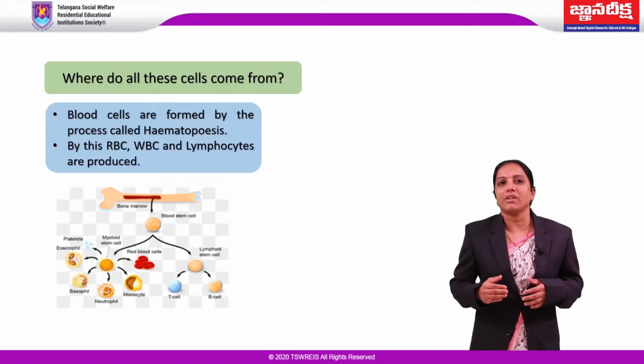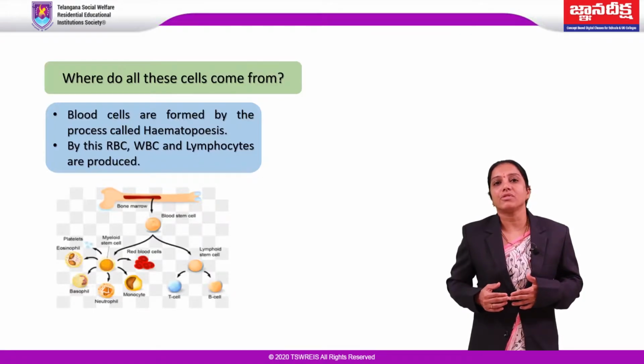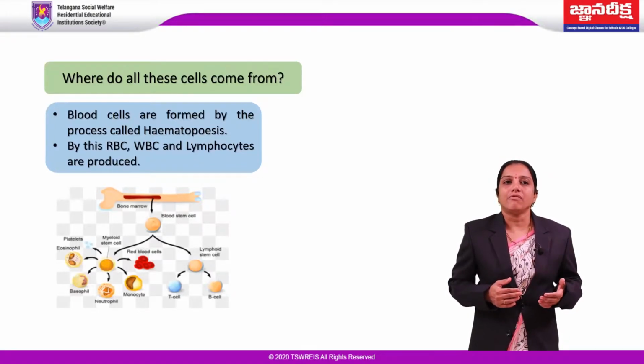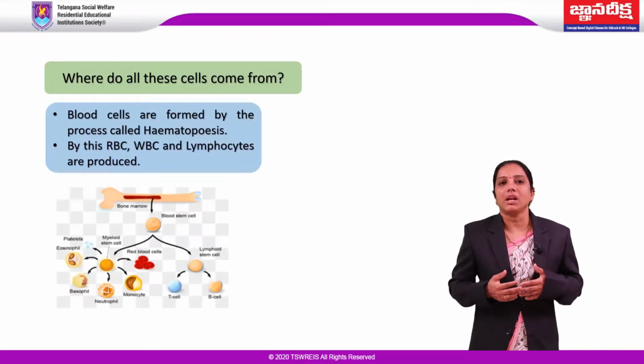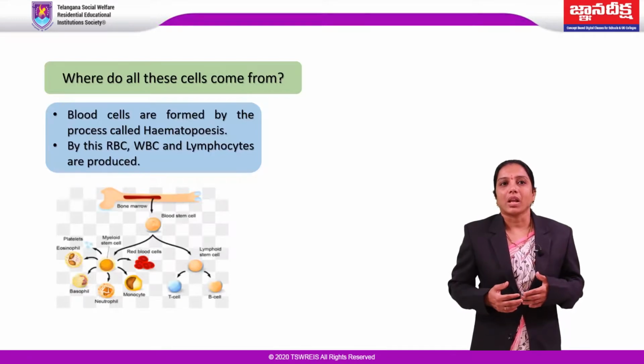Among all the different types of cells produced by hematopoiesis, the WBCs like neutrophils, basophils, eosinophils, monocytes, macrophages, and lymphocytes like T lymphocytes and B lymphocytes are mainly involved in providing immunity to our body.